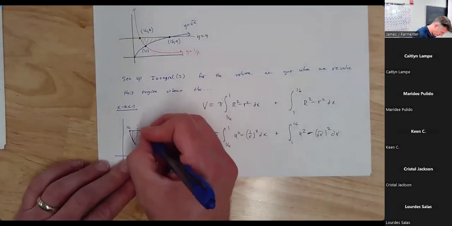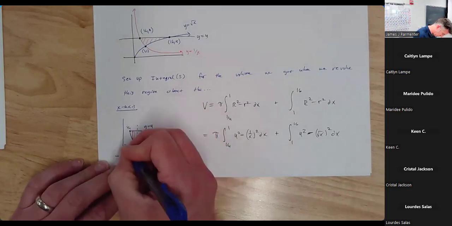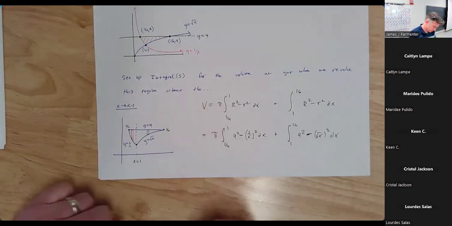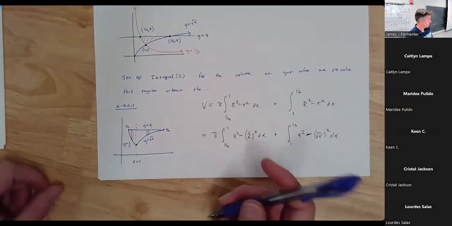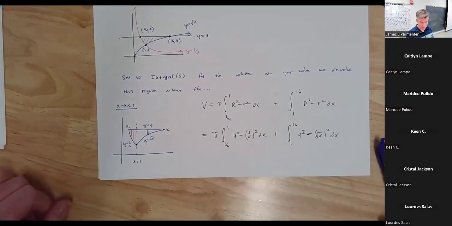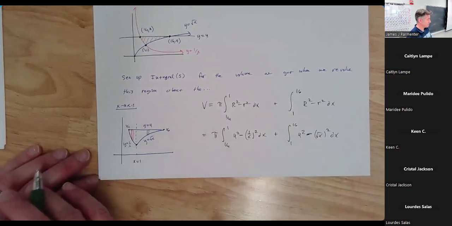Maybe I should write this: y equals 4, y equals root x, y equals 1/x. But really, I'm just using the picture to help me see what's what. And I really think this is all you have to draw.